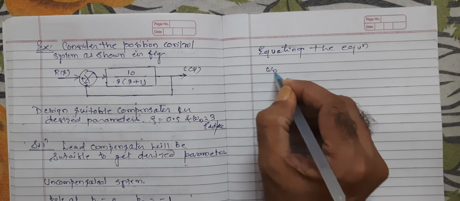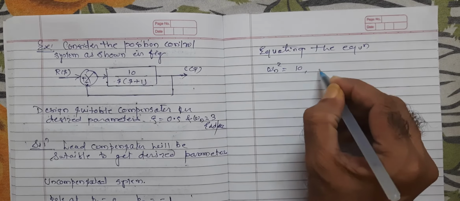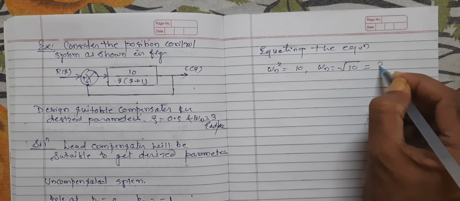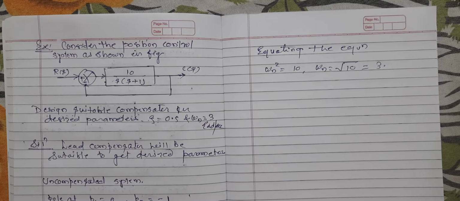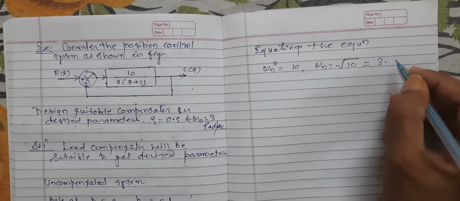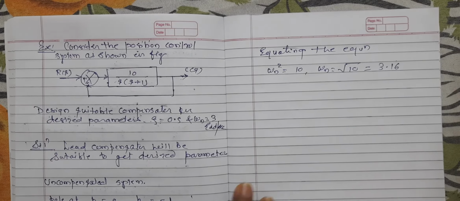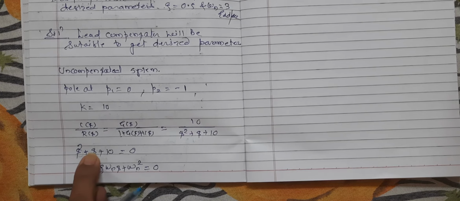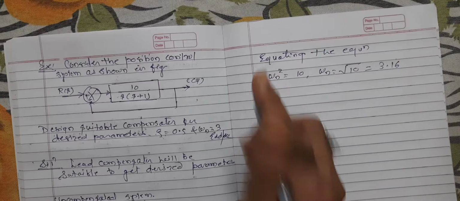So omega n is equal to under root of 10, that is 3.16. And here twice neta omega n is equal to 1 because the coefficient of s is 1.